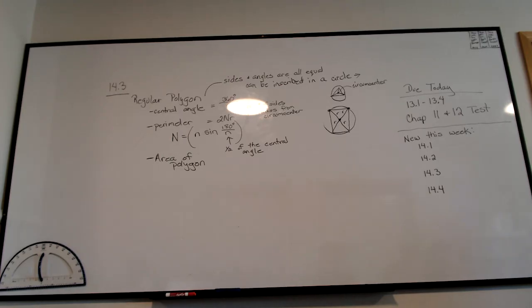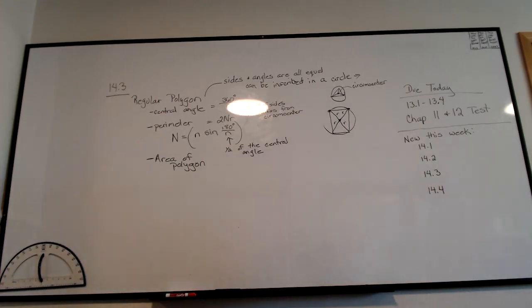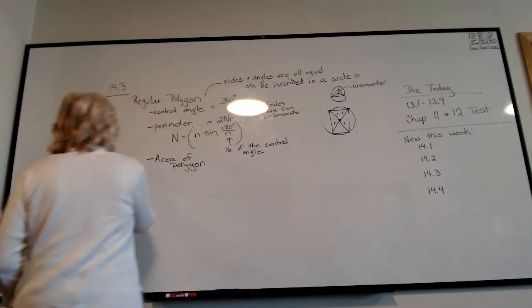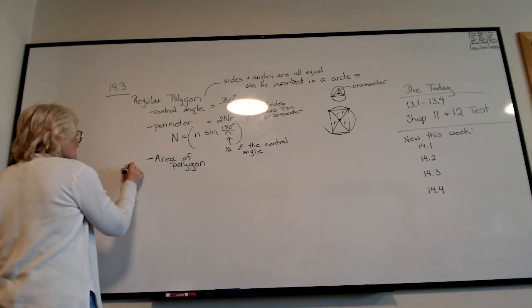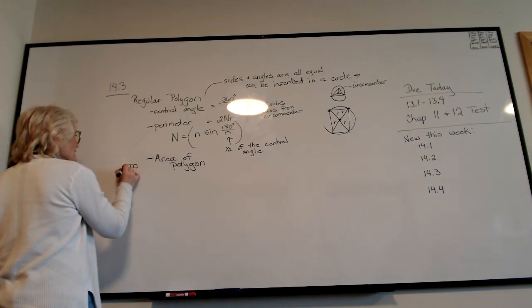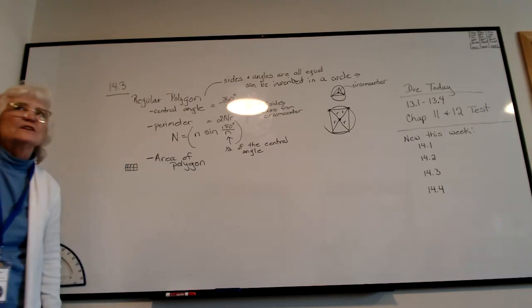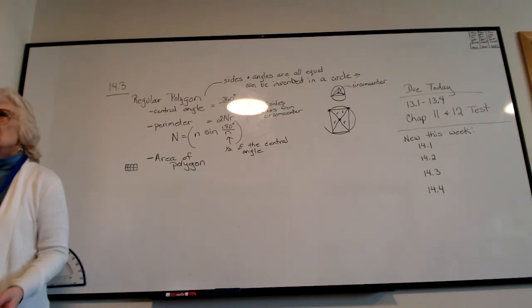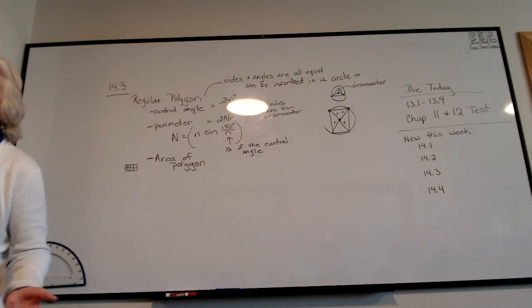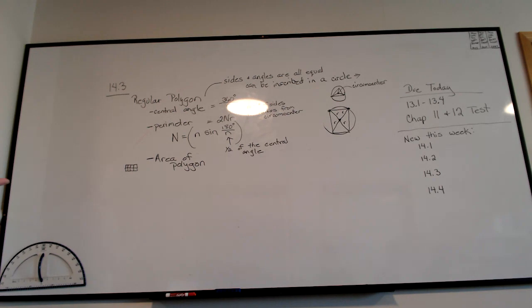Perimeter is just a length, a single dimension, but area is how many little squares of a certain size we can fit in, whether a centimeter by a centimeter, an inch by an inch, or a foot by a foot. So area is measuring how many squares of a certain size fit in.